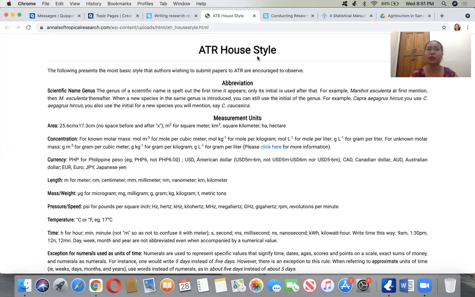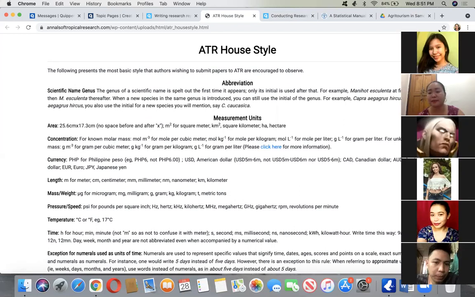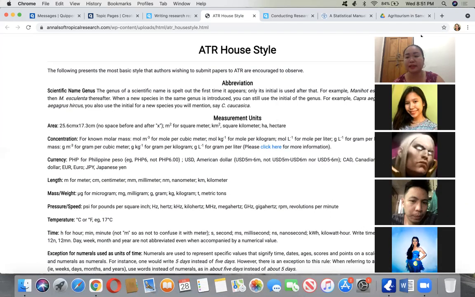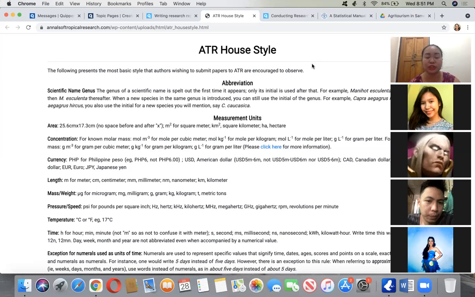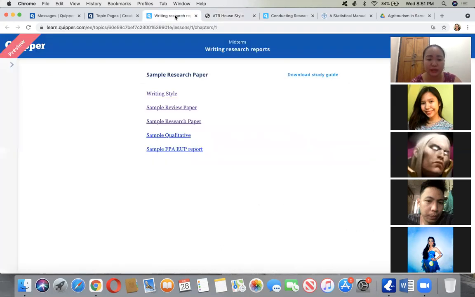Actually, those are known styles that are adopted by every journal. But it's better that you choose which journal, if ever it is for publication, and you just follow its writing style.